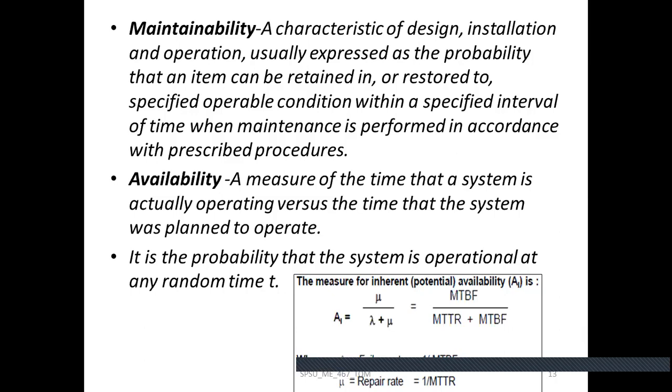The maintenance action is the prescribed operations to correct equipment failures.